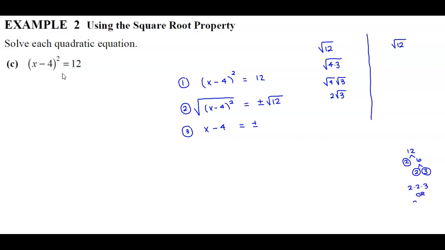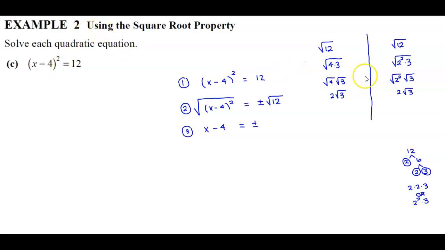Or we can write this as 2 squared times 3. So then we're going to replace the 12 with 2 squared times 3. And then we're going to factor out the 2 squared and then factor out the 3. And so then we would ask ourselves, what do we need to square to get 2 squared? Well, that answer gives us 2 times the square root of 3.